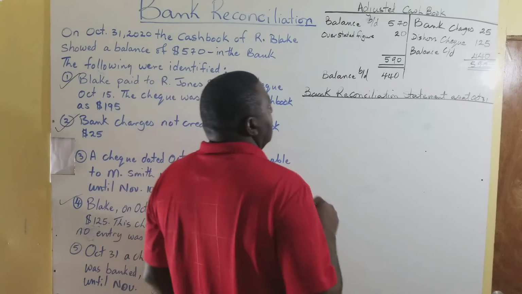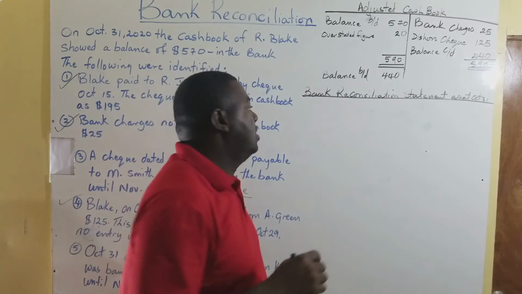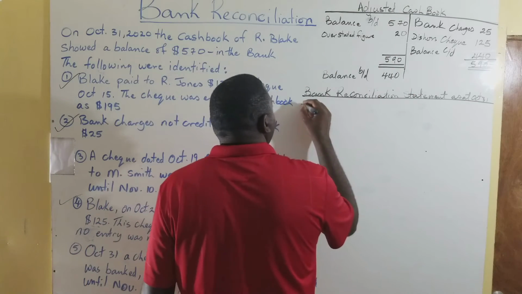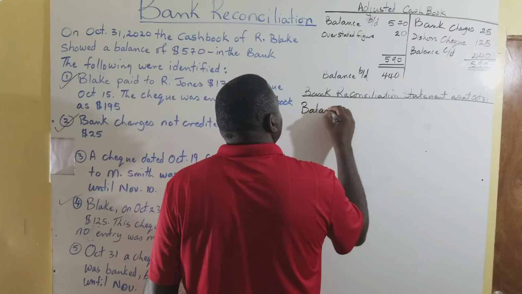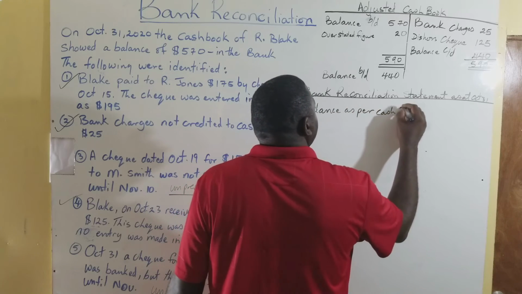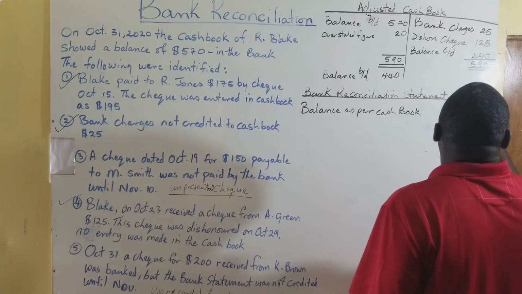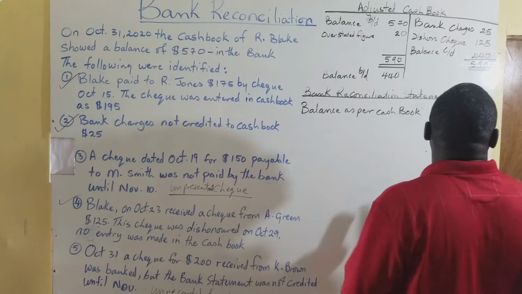All right, we have already found the new balance in the cash book, so we can use it here. We start with balance as per cash book, and that would be 440.